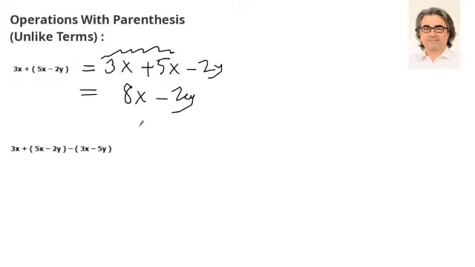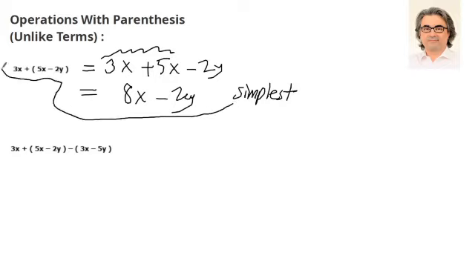If the terms are unlike terms, then you cannot make any addition and subtraction operations. This is the simplest result of this given algebraic expression. Simplest result.